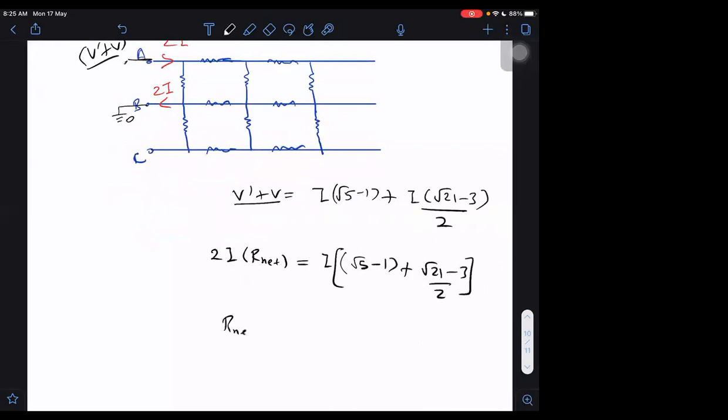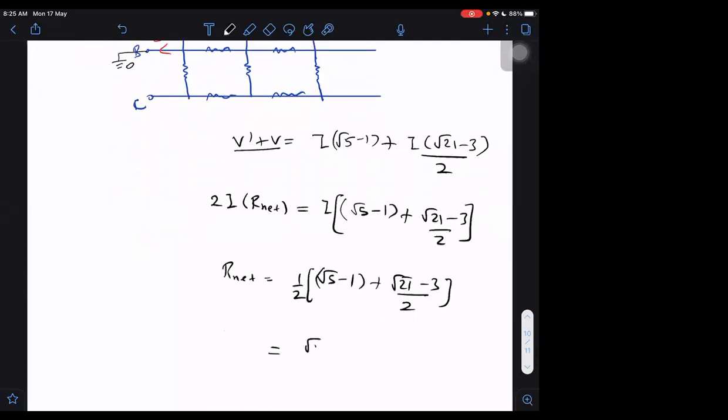So R net is coming out to be equal to root 5 minus 1 by 2 plus root 21 minus 3 divided by 2, whole divided by 2. So what we get finally? Root 5 minus 1 by 2 plus root 21 minus 3 by 4. That is finally R net.